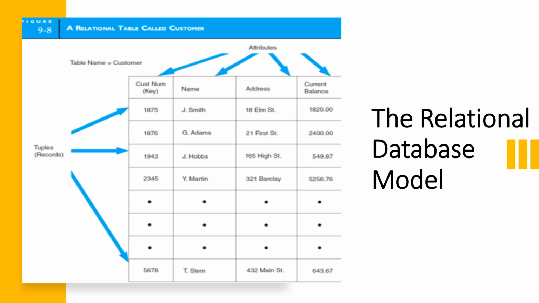Here you see this is also explaining the relational table called customer. We have the attributes, as we said. Each column represents an attribute of the data. The table name is customer, and these are the attributes, or what we call the columns.